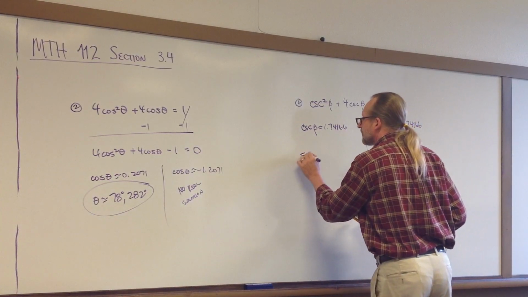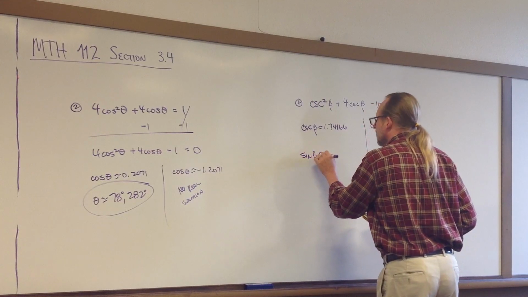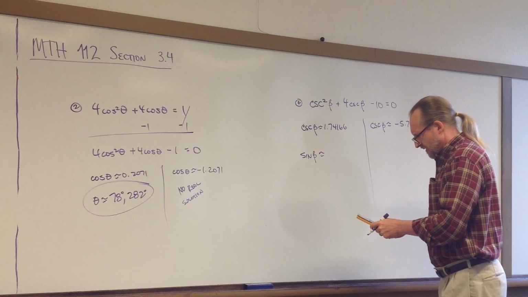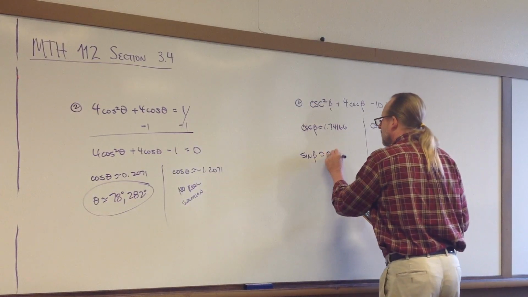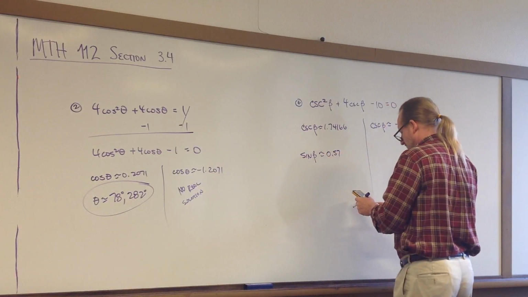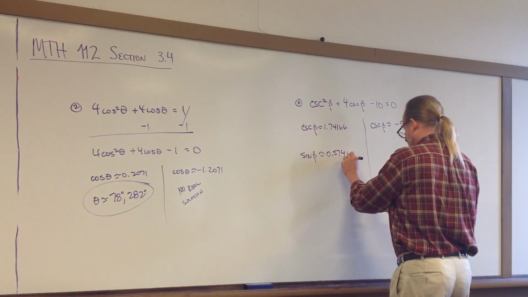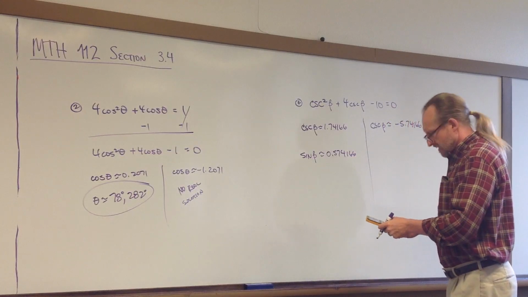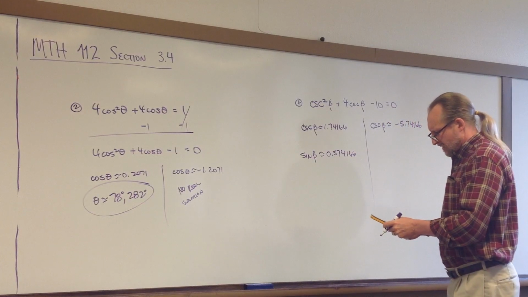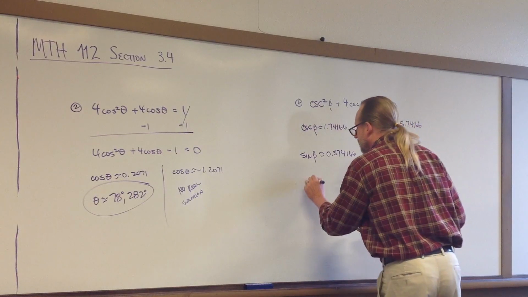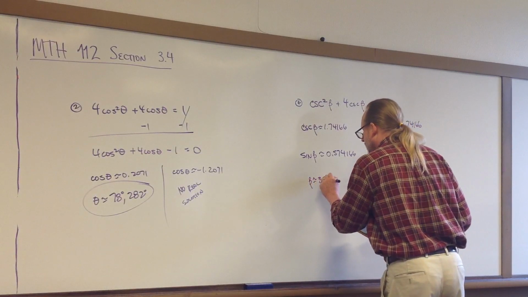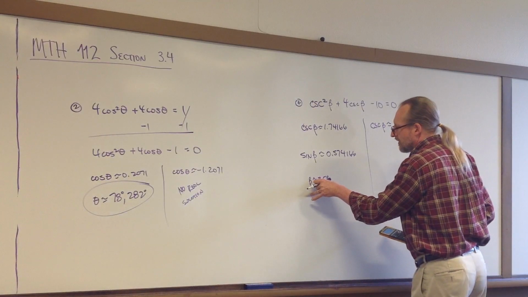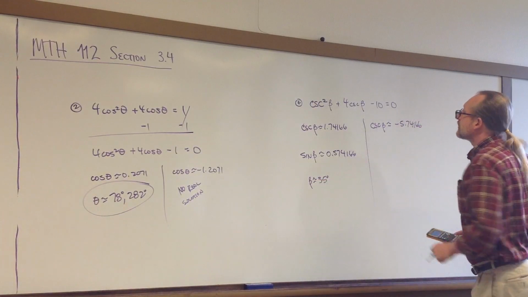We don't have any inverse cosecant function on our calculator, so we will use the sine of beta. It is going to be approximately 1 divided by that root, 0.574166 or so. Then we'll take the inverse sine of that, and this comes out to be just about 35 degrees. We'll come back and find another angle for this solution in a minute.